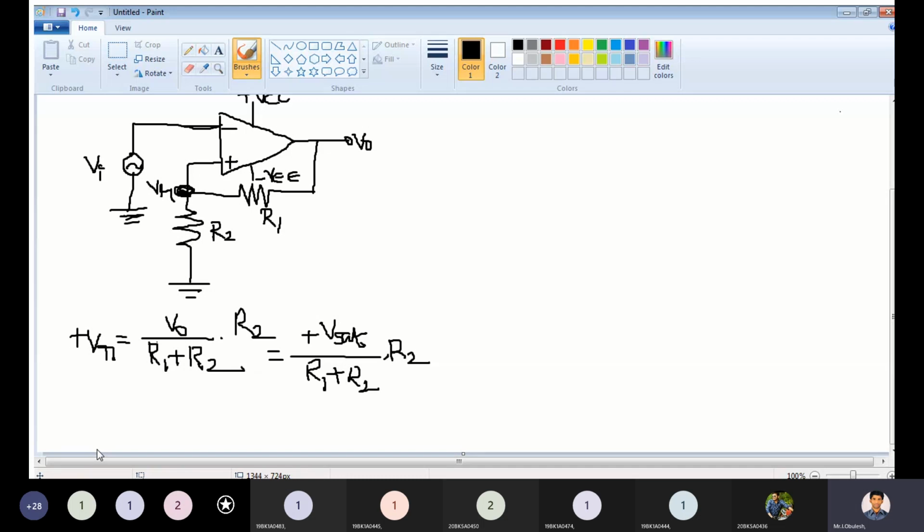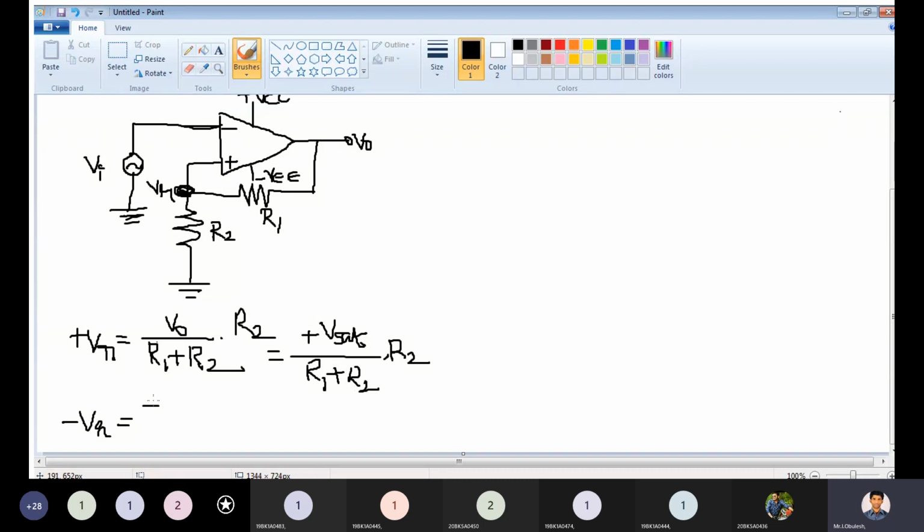Assume that if you have minus V reference, or negative V reference, what will we get here? Directly you write down V naught by R1 plus R2 into R2, same, there is no change in that.